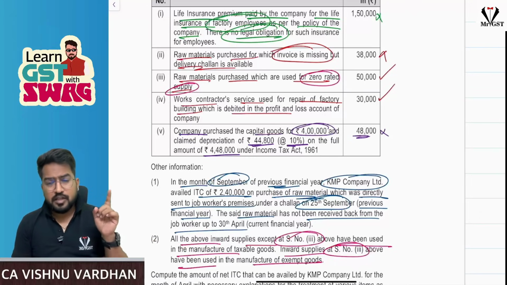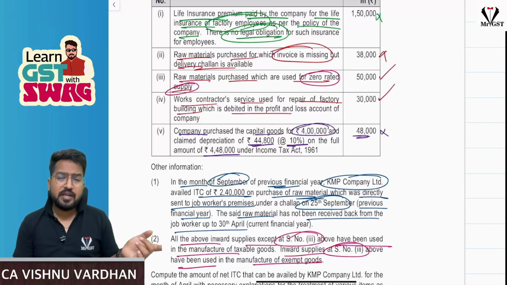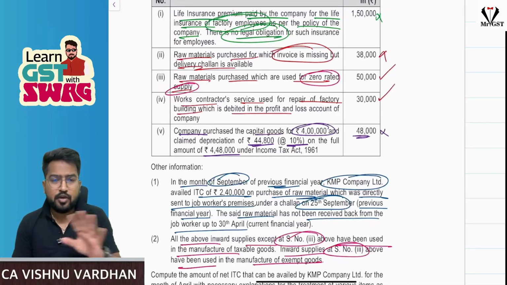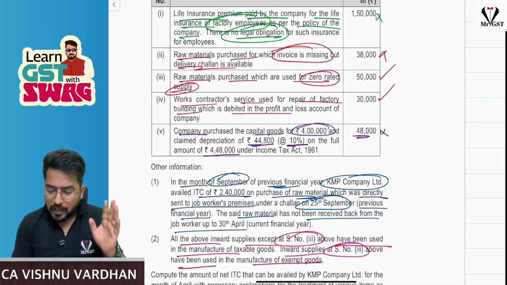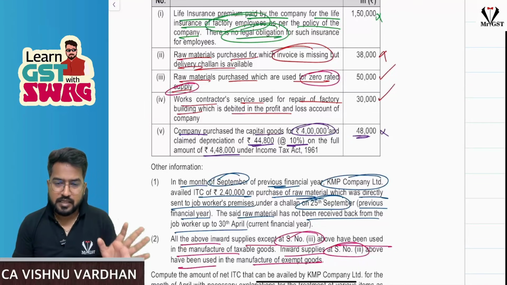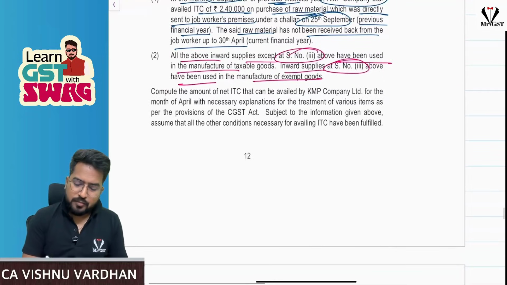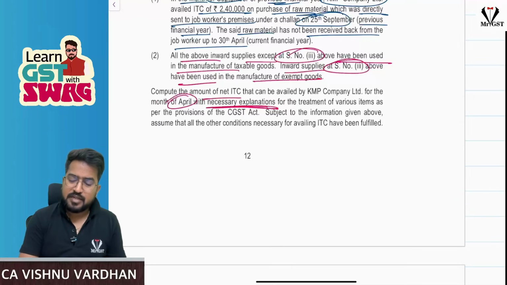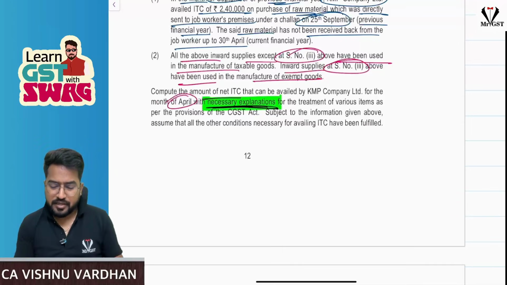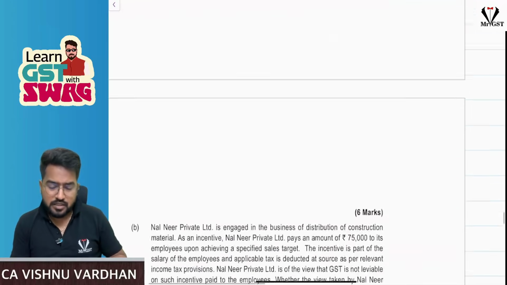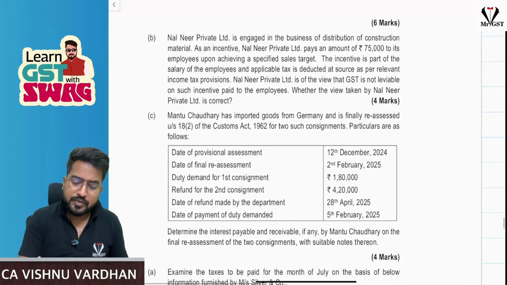I repeat, even though it is exempt supply, sir, once you make an export or once you make a supply to SEZ, it is called zero rated supply, not an exempt supply. So, you can happily take ITC. So compute the net ITC available for the month of April with the necessary explanations. This is what is important here, my dear friends. Next, let us move on to the next one.